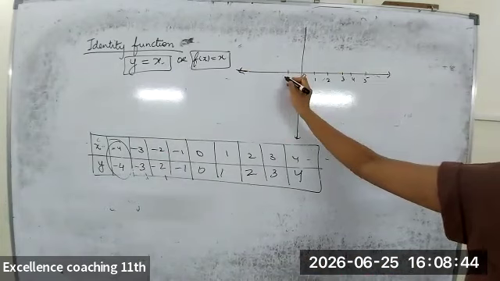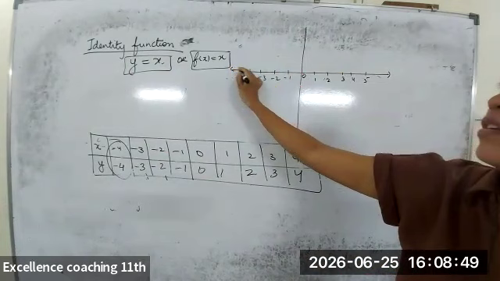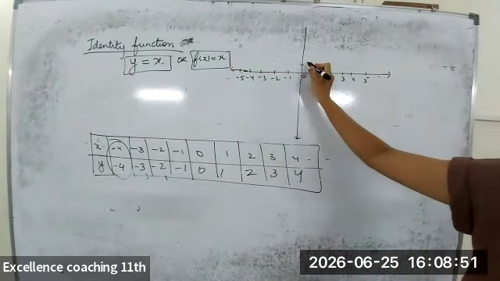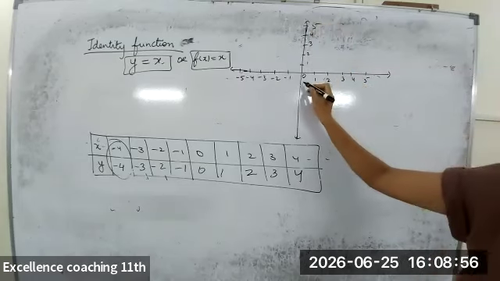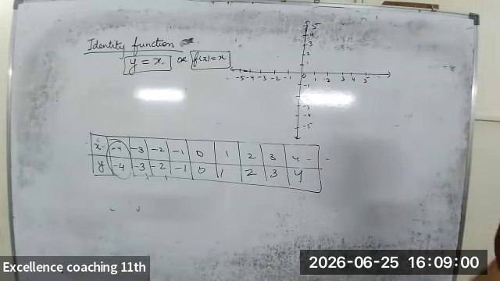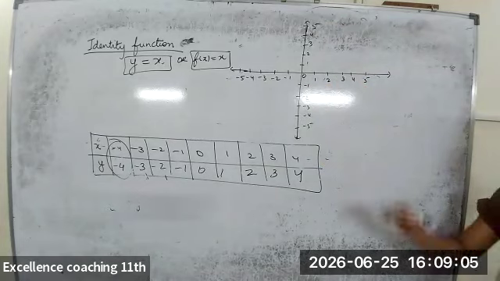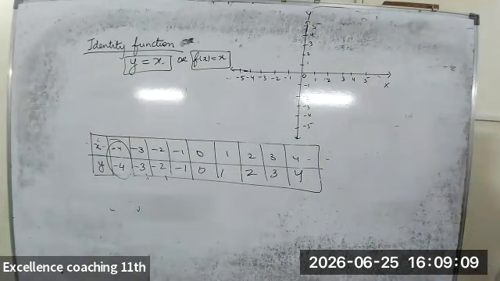Maximum till 5 you can put. No need of scale. Just put a normal thing and start plotting.